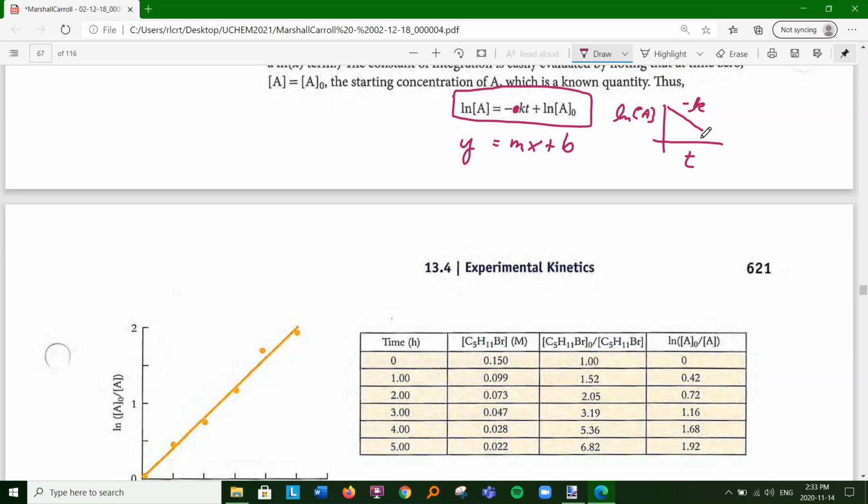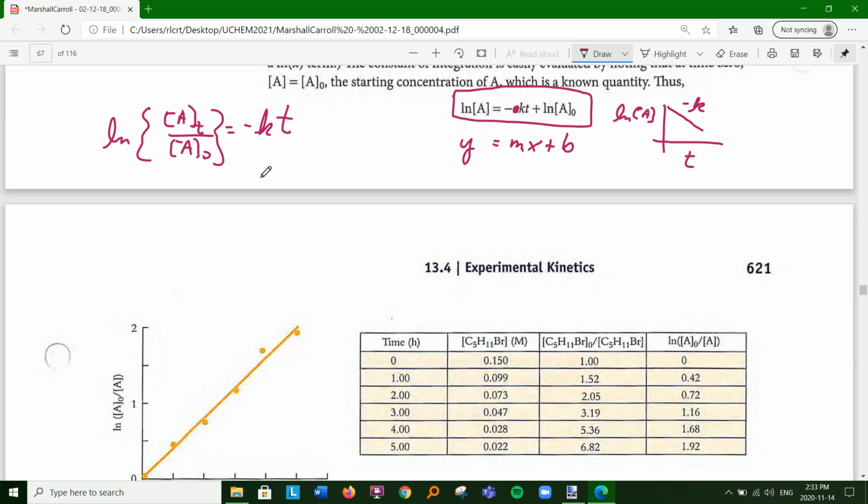You might not know it's a first order process till you collect that data, and this gives you help that it is. Another way to write that is the natural log of A at time t over A naught is minus kt. Okay, that's another way to write it, right? Because natural log of A minus the natural log of A naught, the natural log of a difference is the same as the natural log of that quotient.